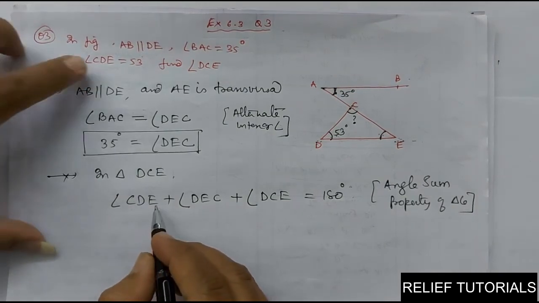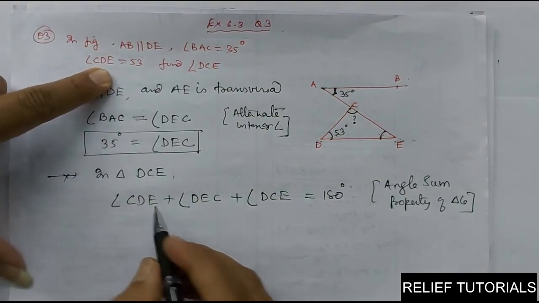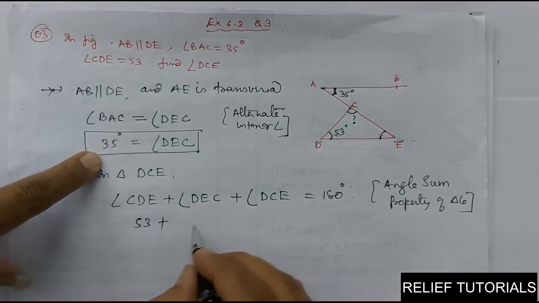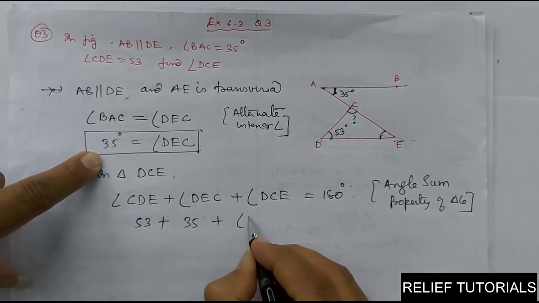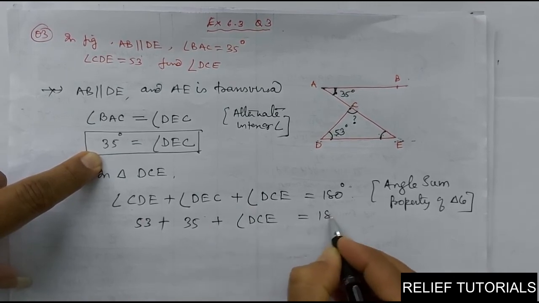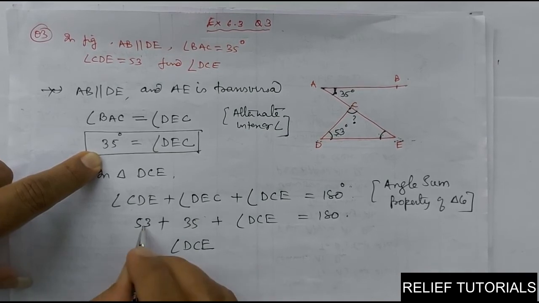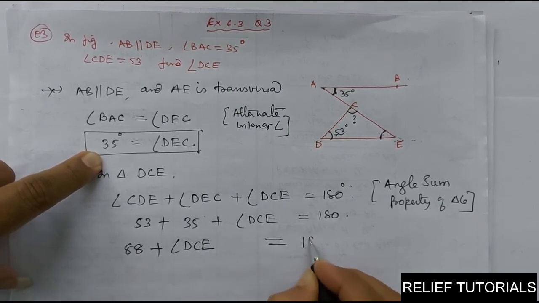Now CDE is given, CDE is 53. So 53 plus DEC, that we have found out is 35, plus angle DCE is equal to 180. Now 53 plus 35, 5 plus 3 is 8, so 88.